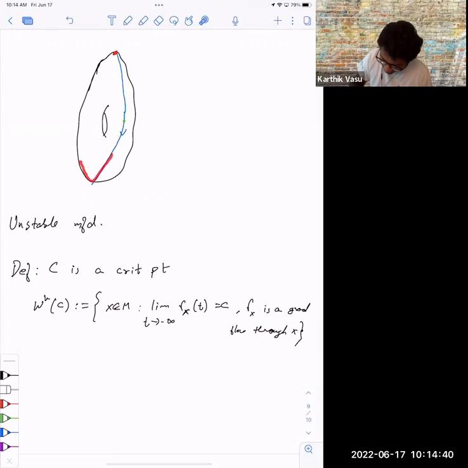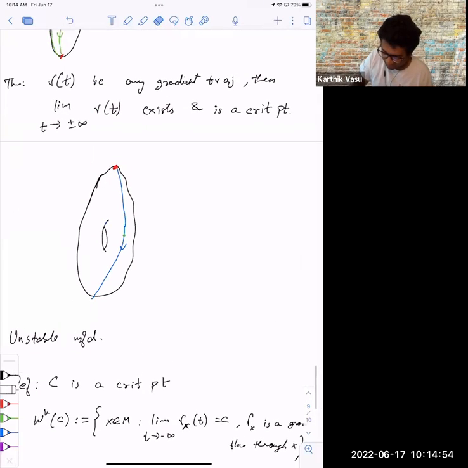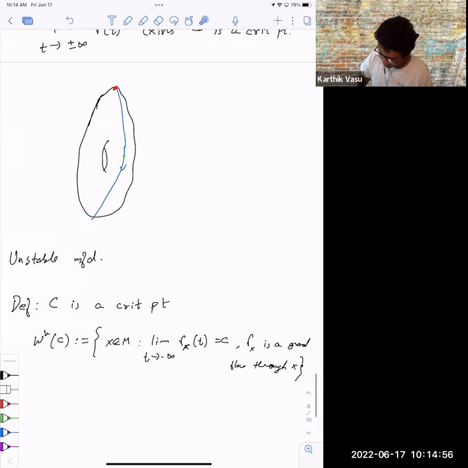You cannot go to a critical point and come out. If you go to a critical point, you end up at it, or you start from a critical point. I'm not saying it's at a finite time, it's actually happening at infinity. You are limiting to that.